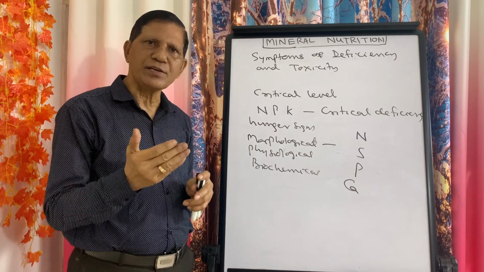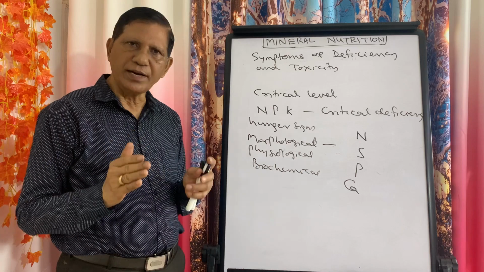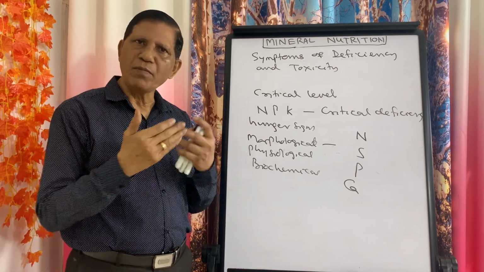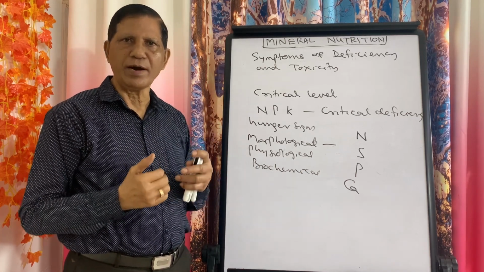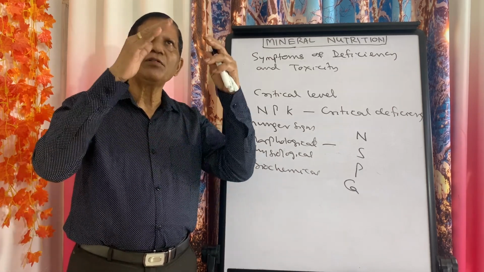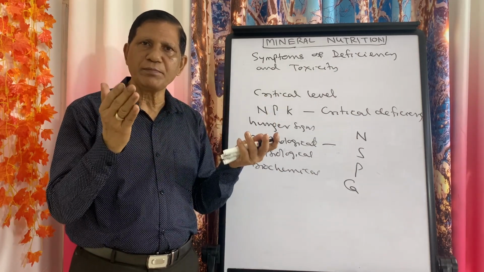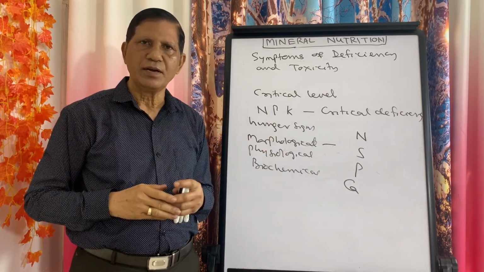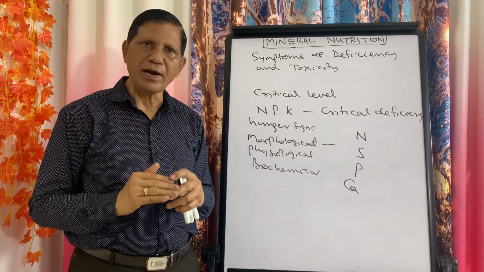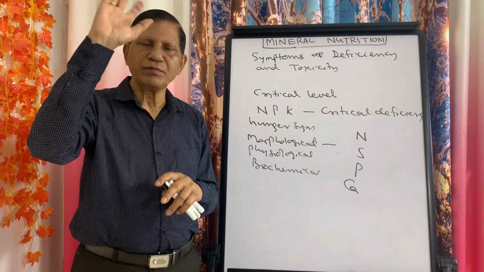That depends upon the mobility of these different elements, because some elements are mobile, some elements are immobile. Those elements which are mobile will immediately be transported to the top part of the plant body, that is shoot apex and leaf apex. But those which are immobile will remain in the lower part of the plant body, they will not go to the top.